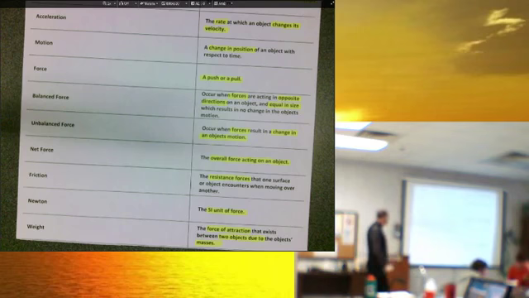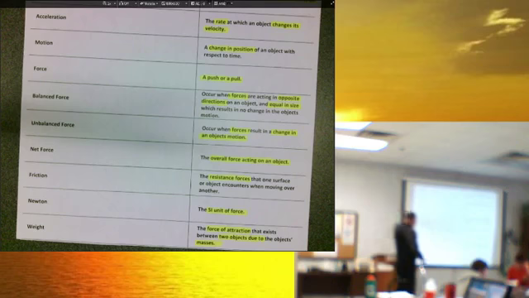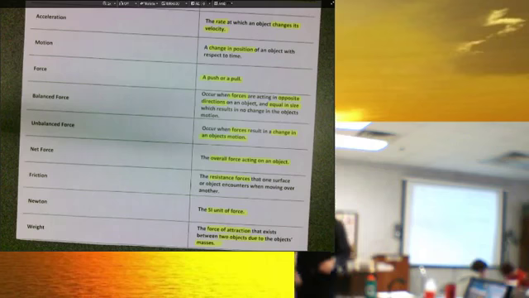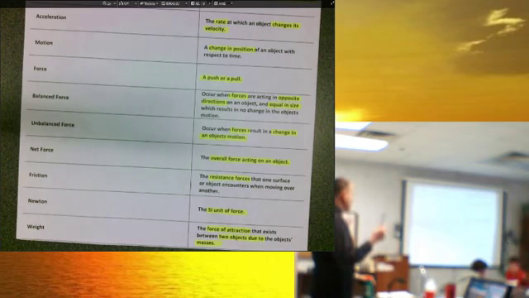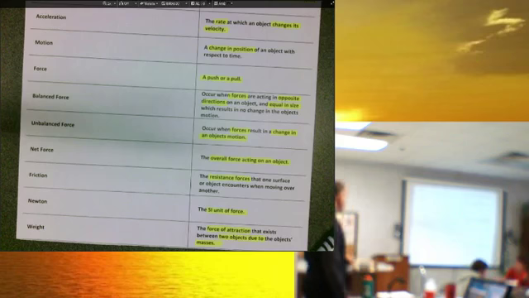Weight. Weight is the force of attraction between two objects. All objects have gravity, including you. Including this pencil. Including these dust particles on my shirt. Everything that has mass has gravity.